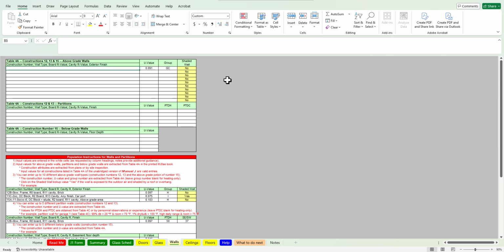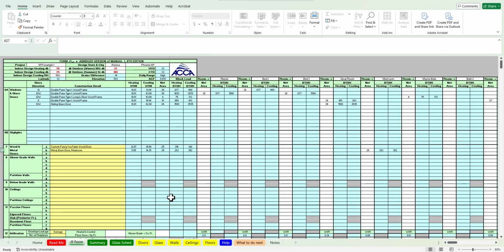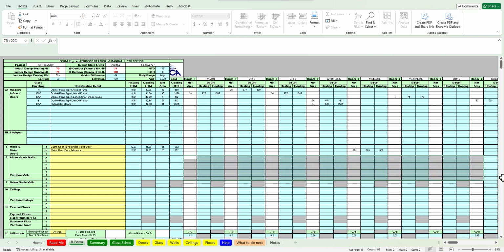Okay, so we're going to call this typical frame wall, R13 cavity. We are going to use that for all of these sections here.